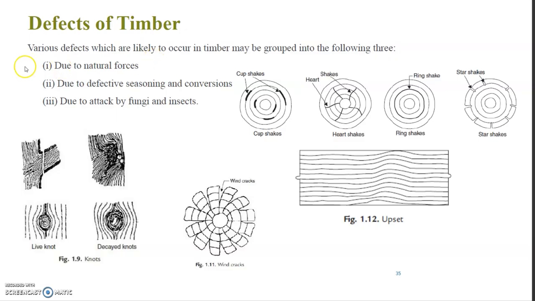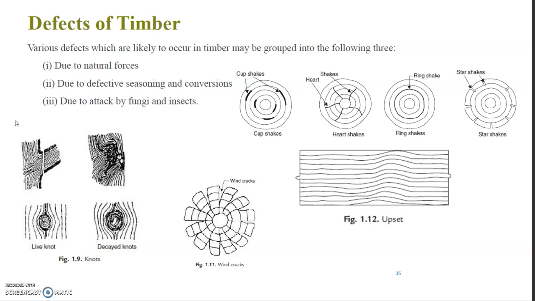First, due to natural forces: while it was standing as a tree itself, it had defects in nature. Second, due to defective seasoning and conversion: you are converting it through seasoning and post-seasoning processes, and during those processes certain defects are imparted by uneven cutting or mistakenly drilled holes, or the seasoning might not be done uniformly throughout the mass of the timber.